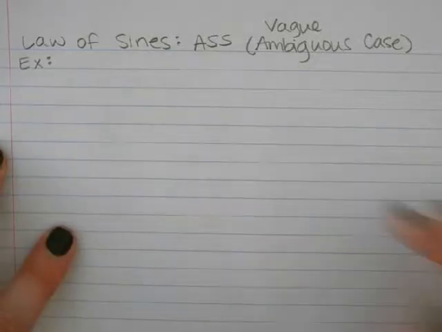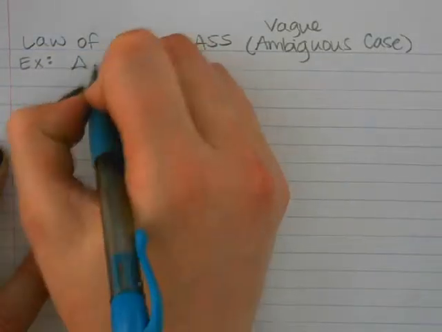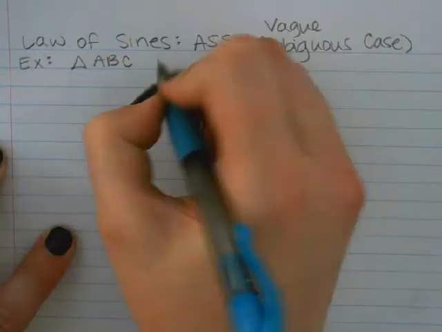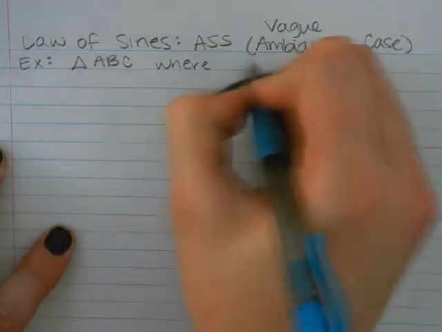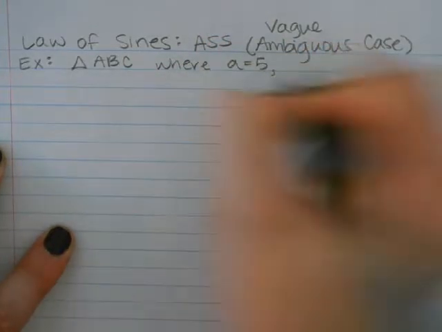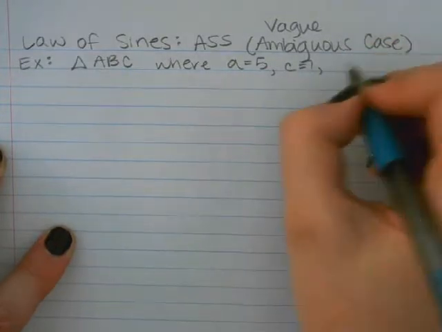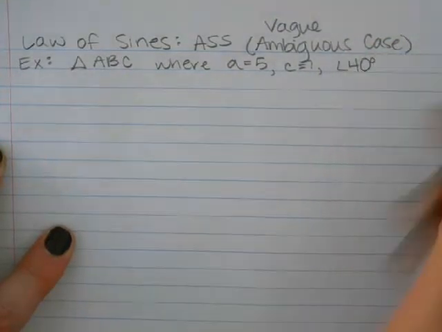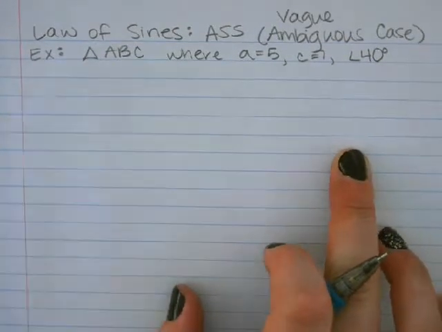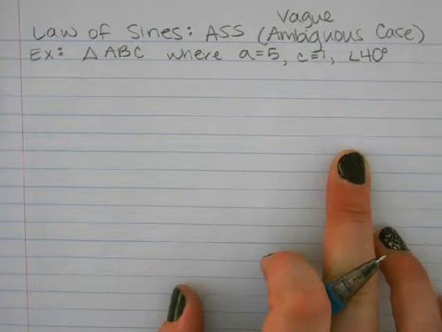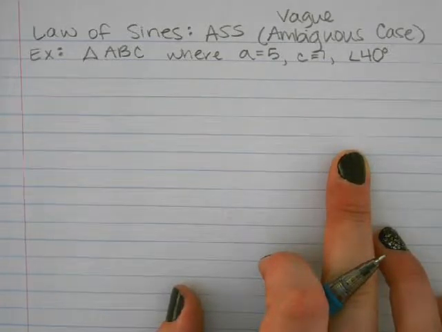The information they're going to give you is that you have triangle ABC, where side A equals 5, side C equals 7, and angle A equals 40. We are actually going to draw this to scale as well as we can. You guys are going to kind of eyeball it.